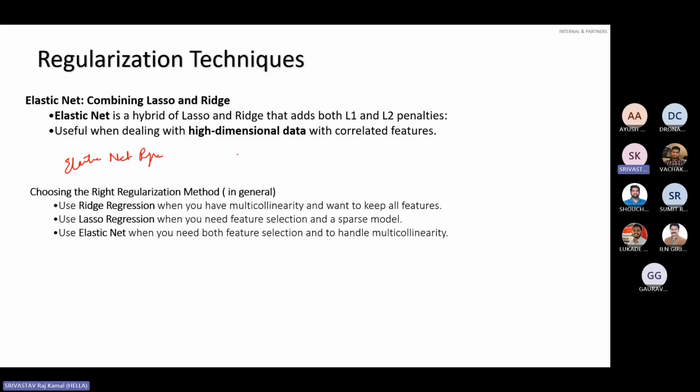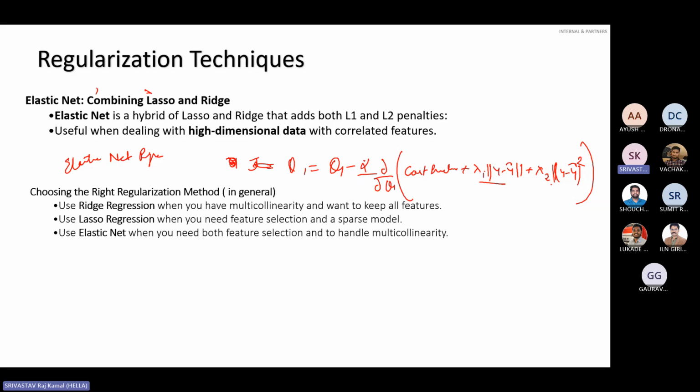Now our J function would be, theta 1 equals theta 1 minus alpha delta J by delta theta 1, where the J function becomes the cost function plus the lasso penalty, which is lambda 1 times the absolute of y minus y hat, plus lambda 2 times the square of y minus y hat. So they added both. This becomes your elastic net.